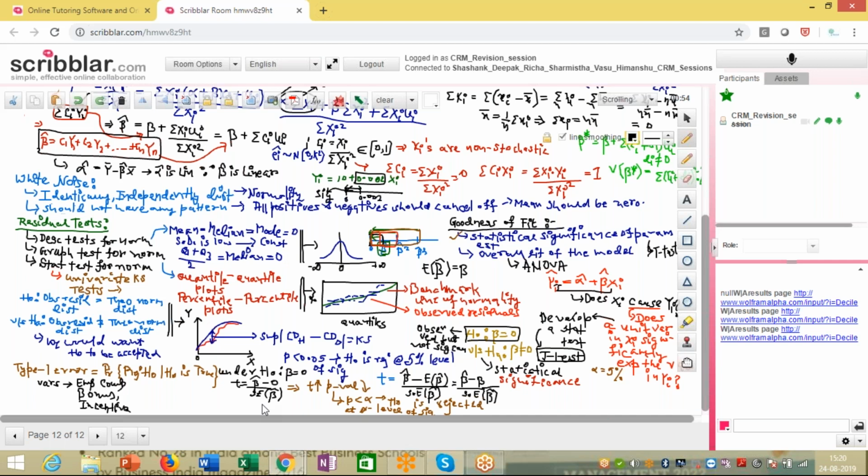If I use these three variables in the model, there will be a challenge, and that challenge is that these variables will be linearly related to each other.